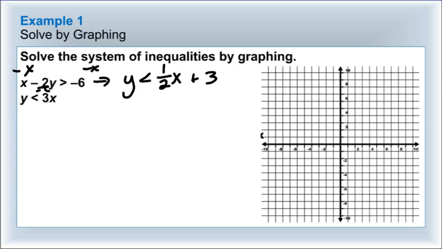So I'm going to graph that one first. I put a point at 3, and I go up 1 to the right 2, up 1 to the right 2, up 1 to the right 2. And since it doesn't equal, I know it's a dashed line, so I'm going to put a dashed line on this one.